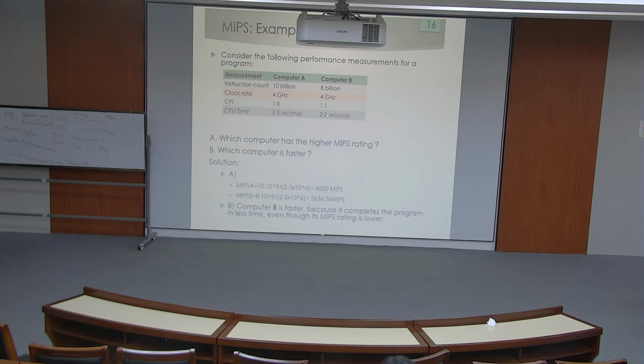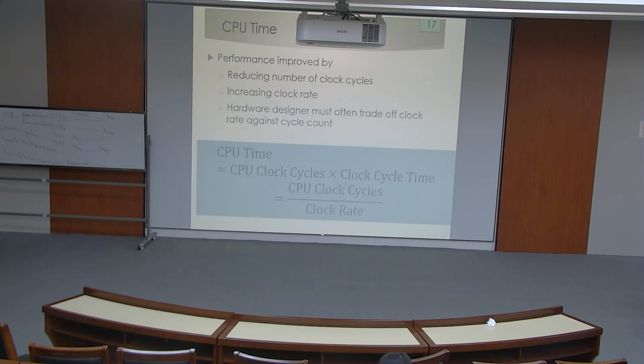You see that computer B can execute the same program in 2.2 seconds, whereas computer A can perform the same program in 2.5 seconds, which means computer B is faster than computer A.